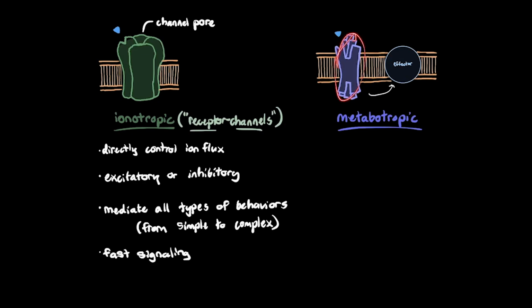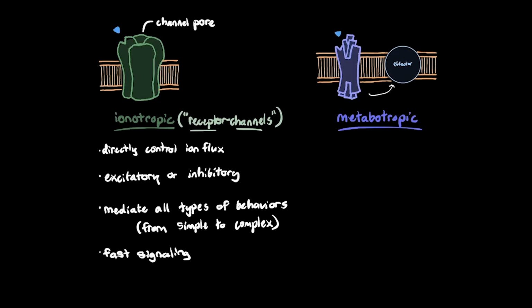So this is one protein, and this protein can go on to bind to all sorts of different other proteins. Sometimes these signaling cascades get complex, and we'll see some examples later on. But it activates maybe phosphorylation of ion channels, and it can indirectly gate ion flux in that way.